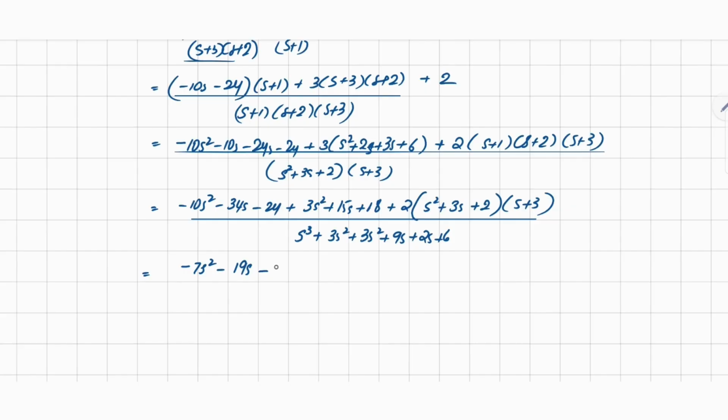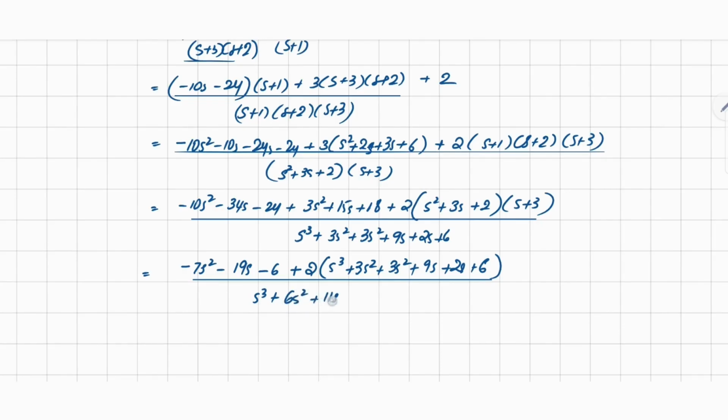Minus 24 plus 18, which gives us minus 6, plus 2 times s cubed plus 3s squared plus 3s squared plus 9s plus 2s plus 6, over here s cubed plus 6s squared plus 11s plus 6.